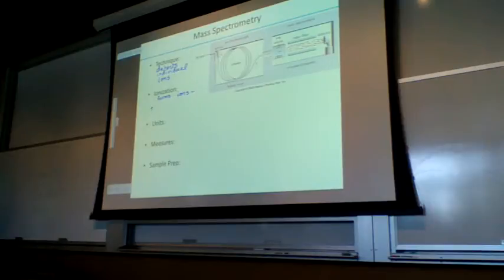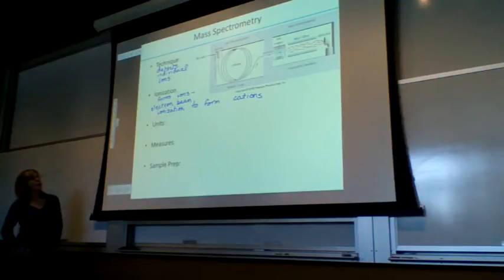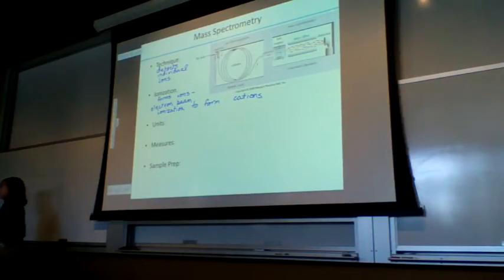So we use the electron beam to form cations. There are additional techniques that we'll talk about later on, but the electron beam or electron impact, which is abbreviated as EI, is the technique that we'll use on our GC mass spec.